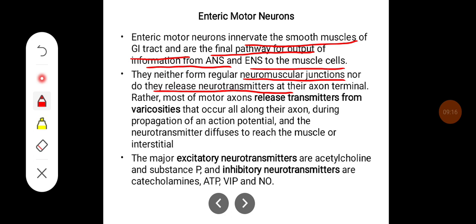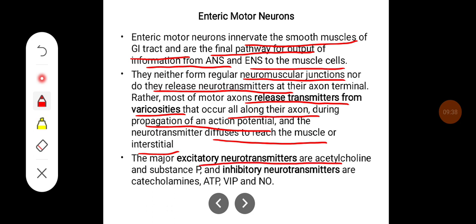Rather, most of the motor axons release transmitters from varicosities that occur along their axon during the propagation of action potential. And the neurotransmitter diffuses to reach the muscle or the interstitium. The major excitatory neurotransmitters are acetylcholine and substance P, and the inhibitory neurotransmitters are catecholamines, ATP, VIP, and nitric oxide.